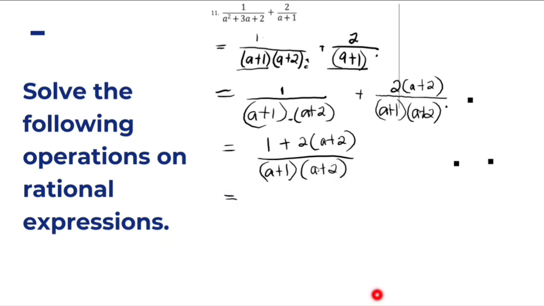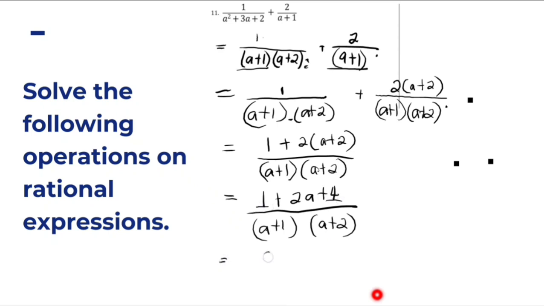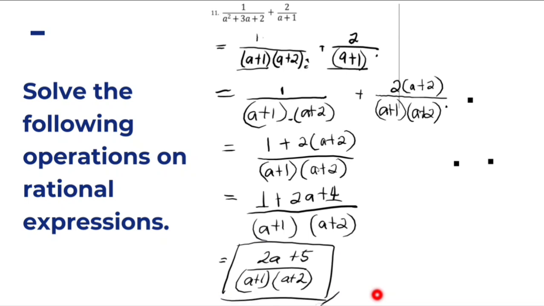So this is 1 plus 2a plus 4 all over a plus 1 times a plus 2. Combine like terms from your numerator. You'll have 2a plus 5 all over a plus 1 times a plus 2. So this is our final answer already.